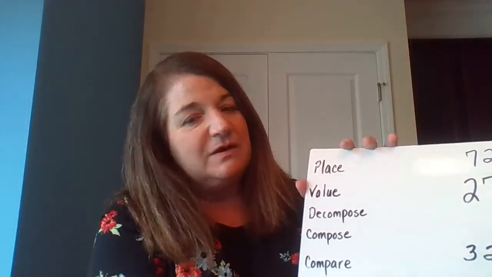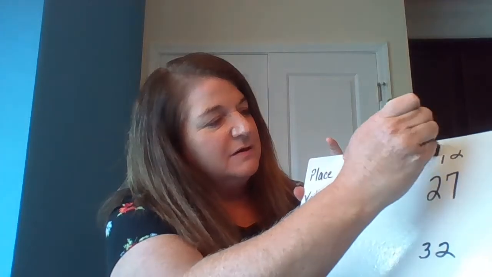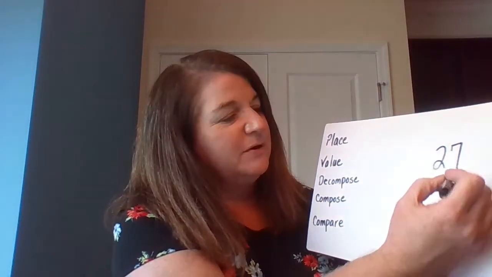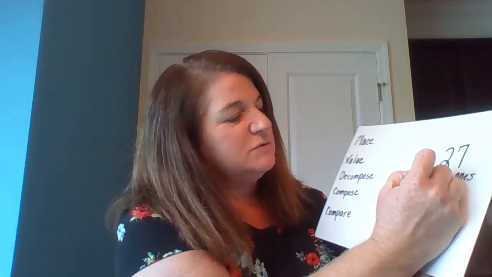Now let's look at the other concepts that we talked about. Let's talk about decomposing a number. Sometimes we can realize its value more if we decompose it. So if we look at 27, let's decompose it and take it apart. That means 7 ones and 2 tens.